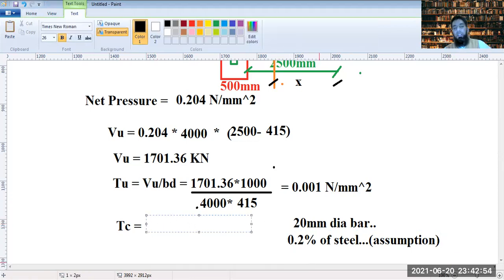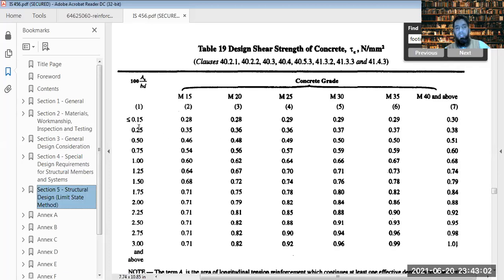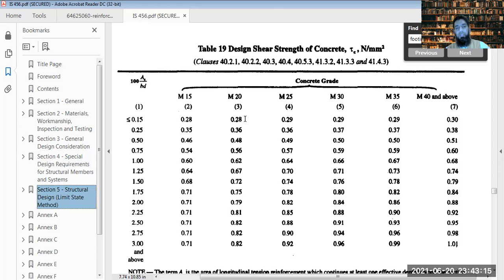So tau c in that case, for 0.2% of the steel, is somewhere in between these two. For M20, it was between this and this. Because it's all based on the assumption, let's say this is around 0.34.